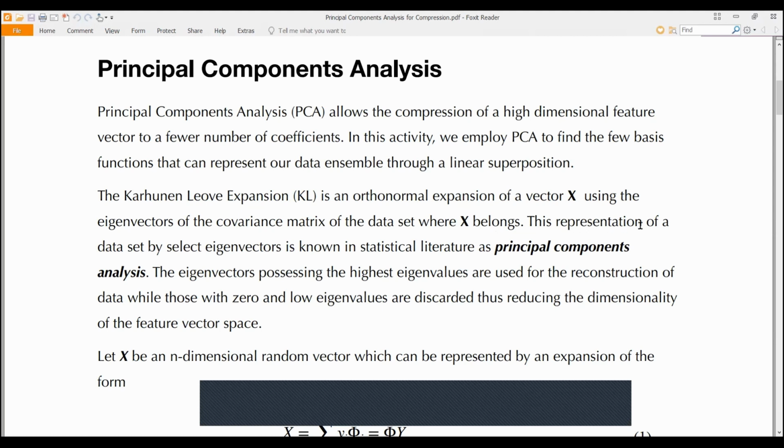This representation of a data set by select eigenvectors is known in statistical literature as principal components analysis. The eigenvectors possessing the highest eigenvalues are used for the reconstruction of data, while those with 0 and low eigenvalues can be discarded, thus reducing the dimensionality of the feature vector space.